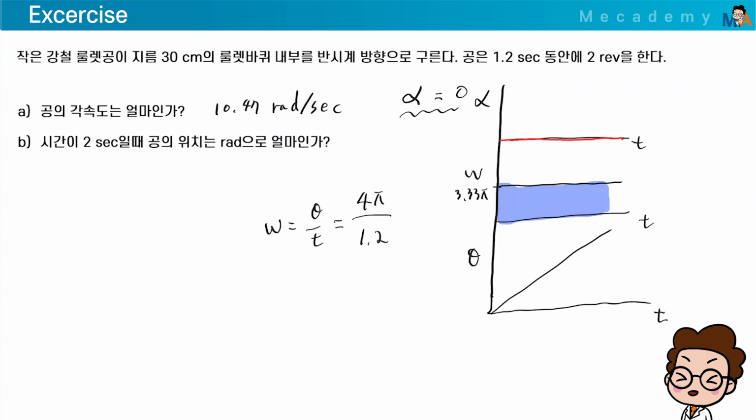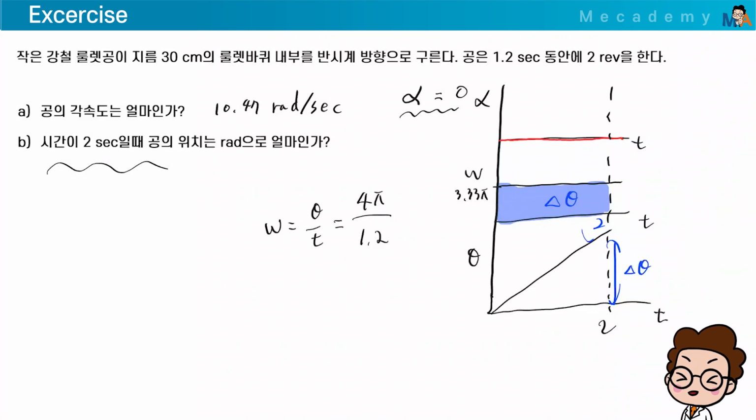So let's look here when it's 2 seconds. At 2 seconds, this value is delta theta, right? Then at 2 seconds, what is the area? Since it is 10.47, this angle comes out to 20.9, right? And this is delta theta, correct?